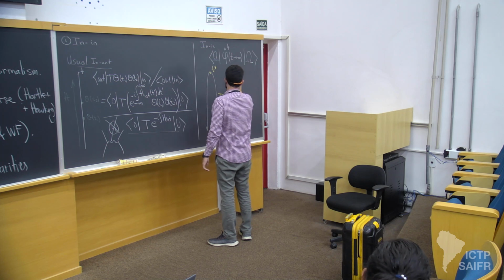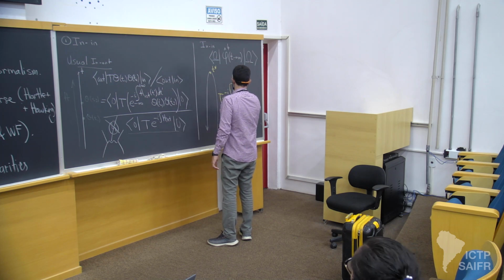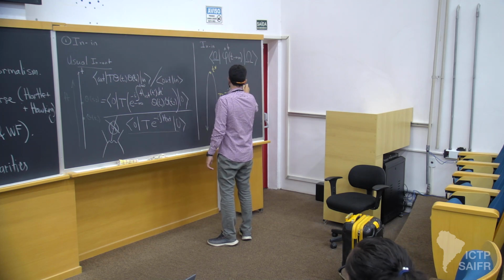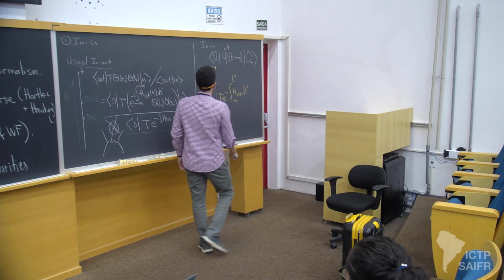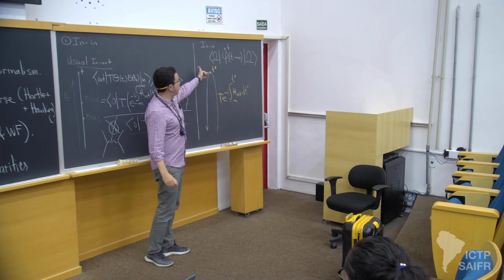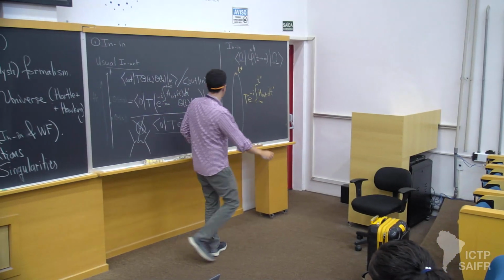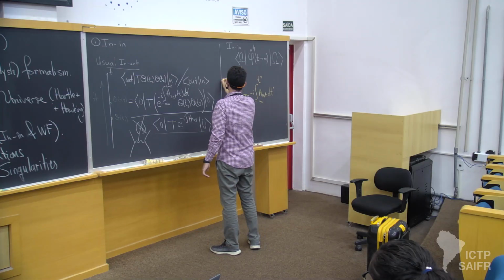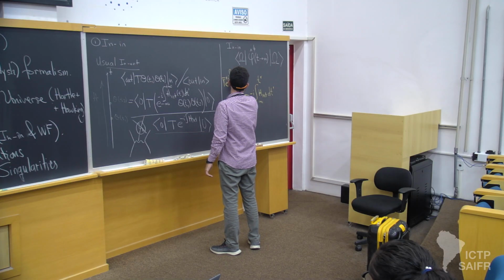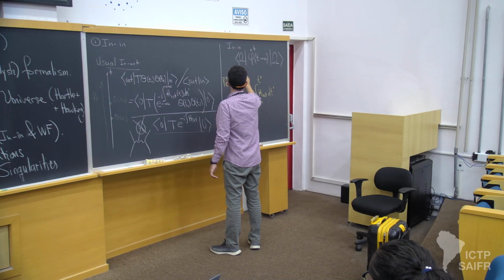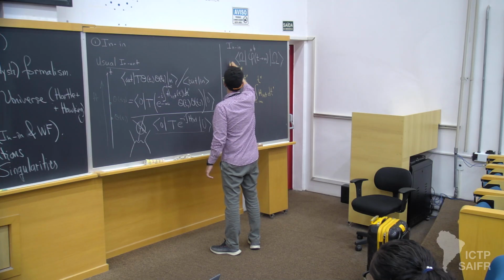Minus infinity to T star, H interaction, dt prime. And then you do the dagger of this operator, which is T bar e to the plus i integral H interaction of T prime dt prime.